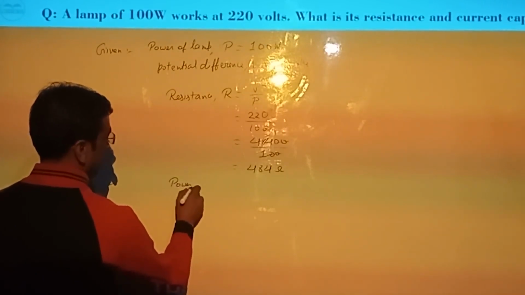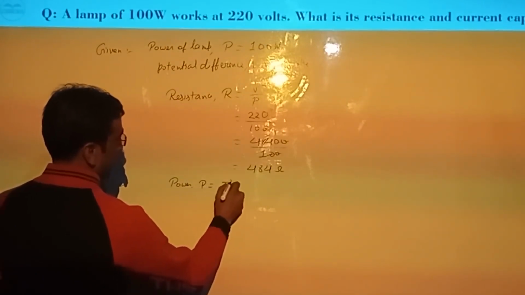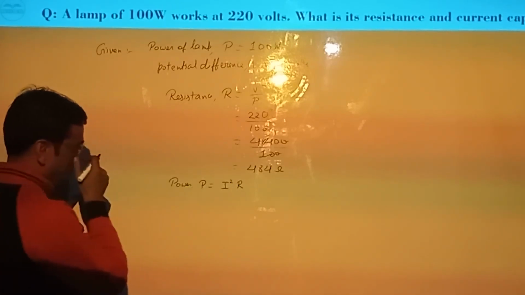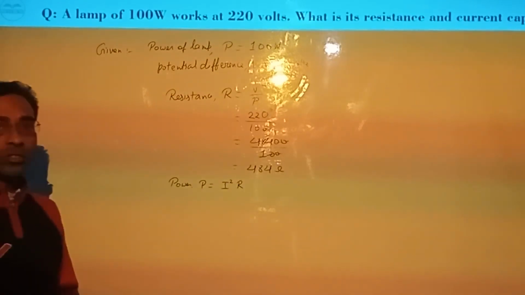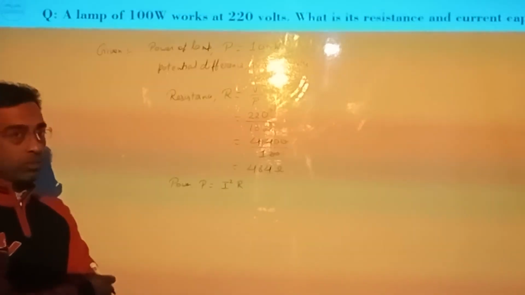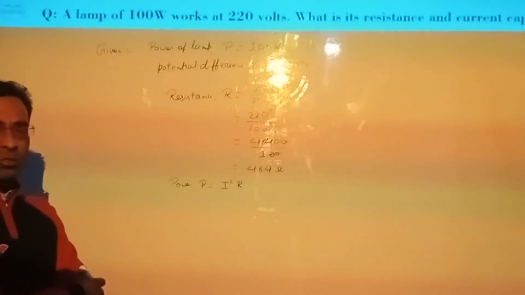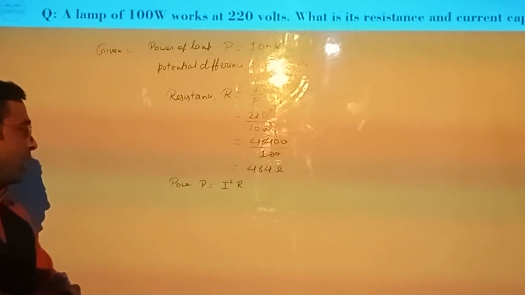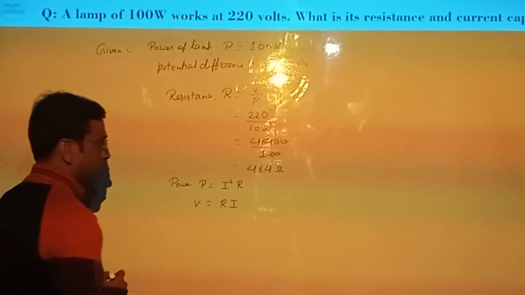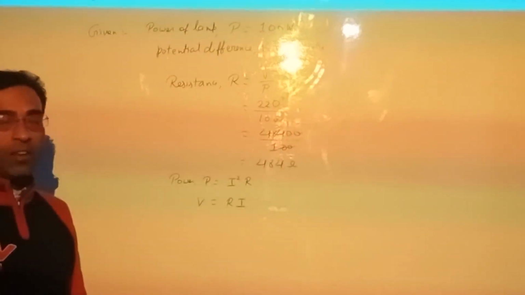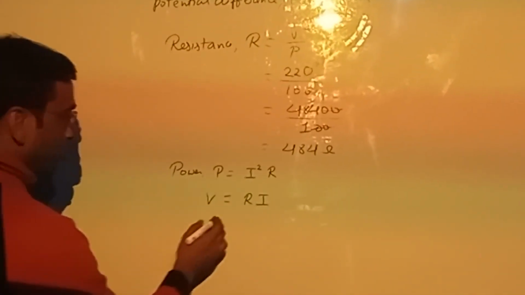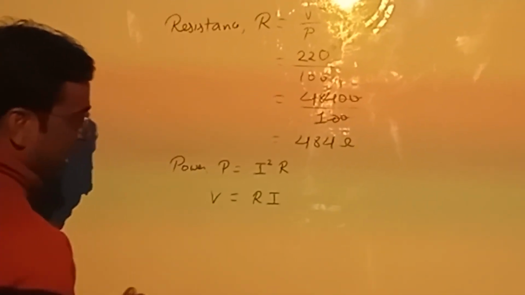Power P equal to I square R. We can also derive it easily from Ohm's law, V equal to IR.